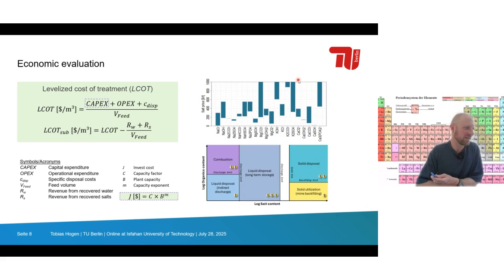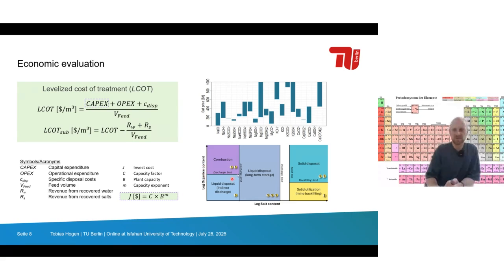On the other hand, we made, let's say, a qualitative review of the disposal costs, which is shown here. And it showed that the disposal cost can be clustered in two dimensions. On the one axis, you can have the salt content, on the other hand, the organics content. Just a qualitative review.